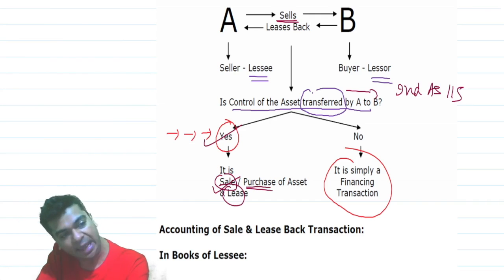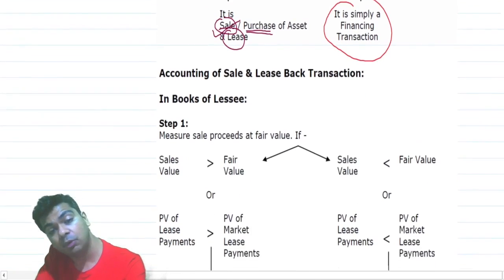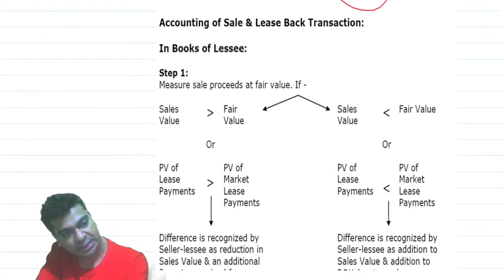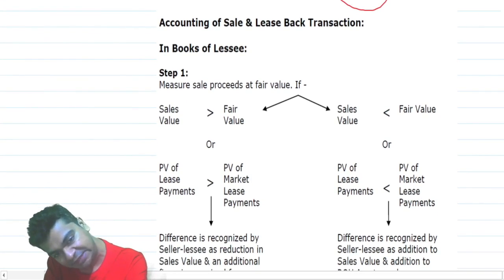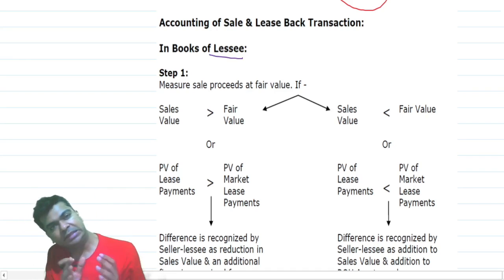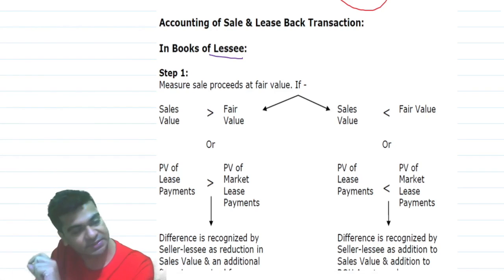If it is a sale and lease back transaction, how shall the further accounting be carried out? We shall first discuss the accounting in the books of the lessee. I have broken it down into simple steps for you so that the understanding becomes that much easier.